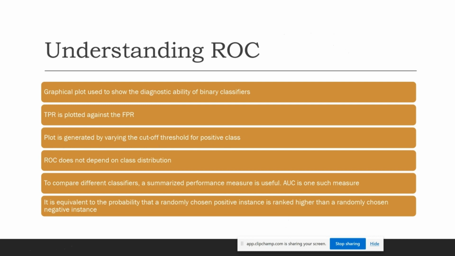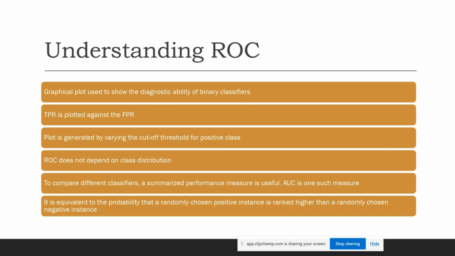Now, from an interview perspective, ROC does not depend on class distribution. That is why it is a robust binary classification metric. It is not dependent on how our positive and negative classes are distributed in the data set.